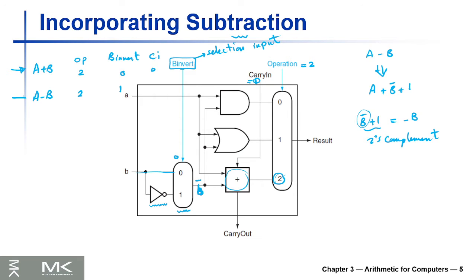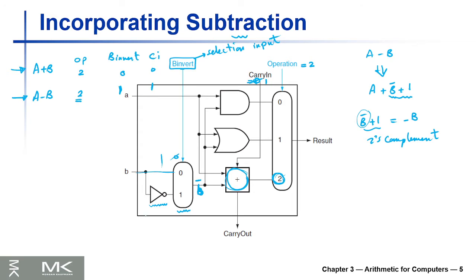If you wanna make A minus B, in that case the opcode, or the operation, is still 2, because we are also using the same adder circuit. But now we want B inversion plus 1. So the carry input must be 1 in that case, and the B invert should be 1 as well.